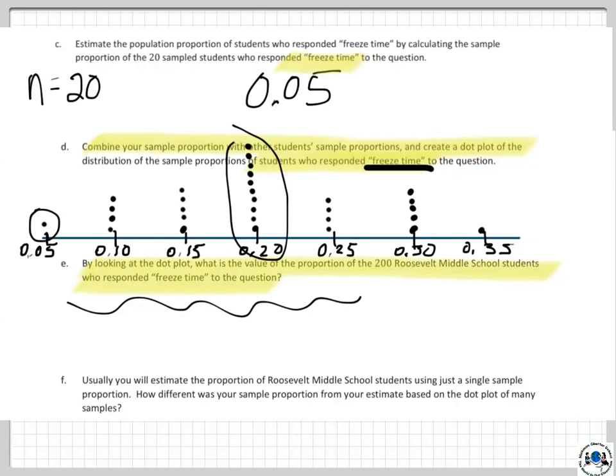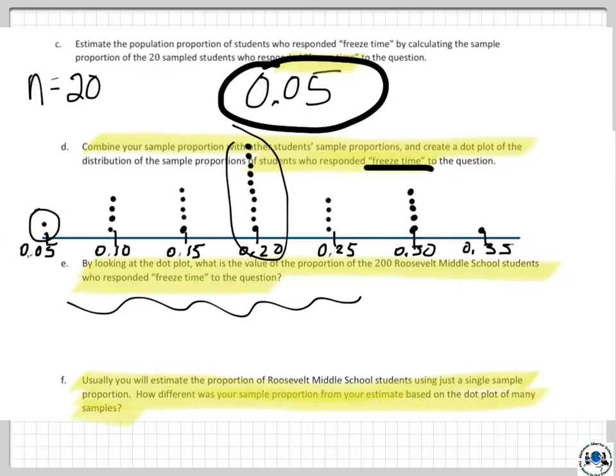Okay, so usually you will estimate the proportion using just a single sample proportion. How different was your sample from the estimate based on the dot plot of the many samples? Well, mine, as you saw, was 0.05, and we're looking at about 0.20 here. Pretty far off.